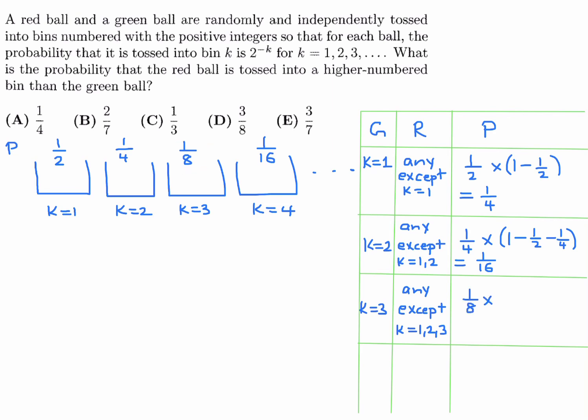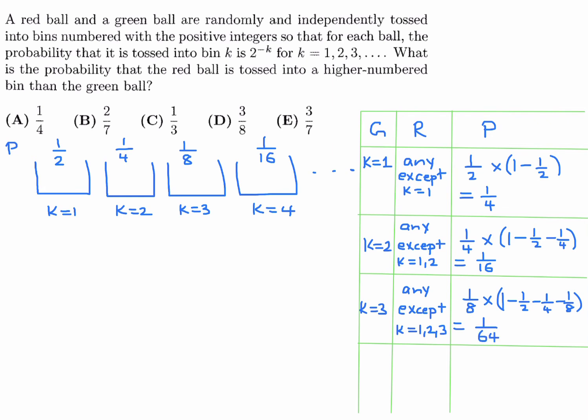And then the probability that r goes into any except 1, 2, 3. So 1 minus these 3. So 1 minus a half minus a quarter minus 1/8. And that number here is 1/8 when you do those fractions. So it's 1/8 times 1/8, and that is 1 over 64.